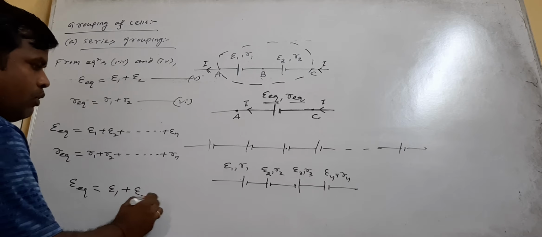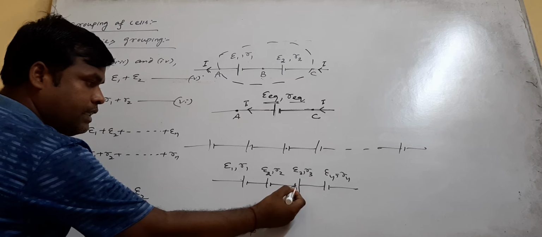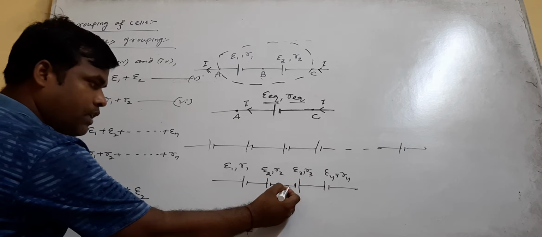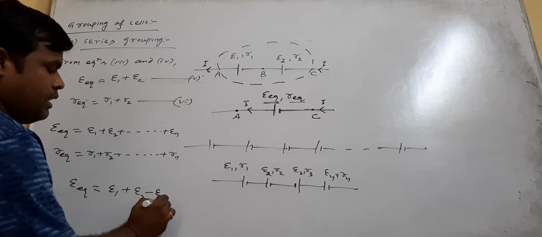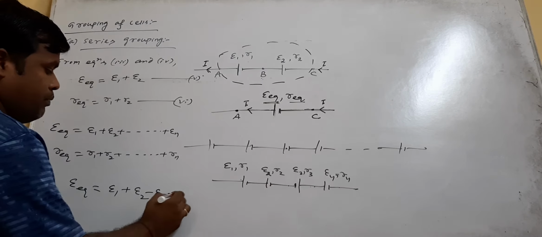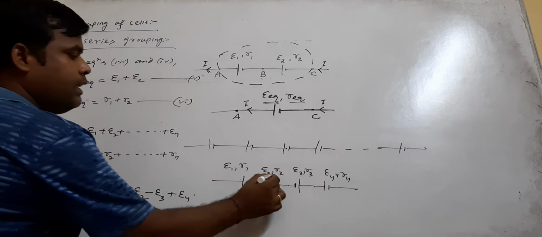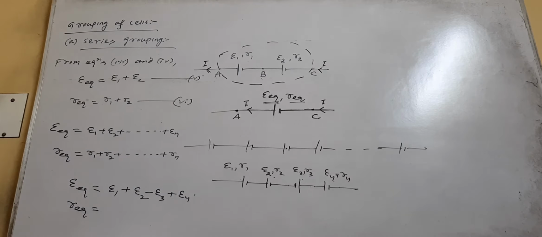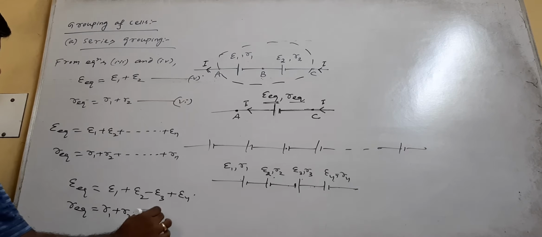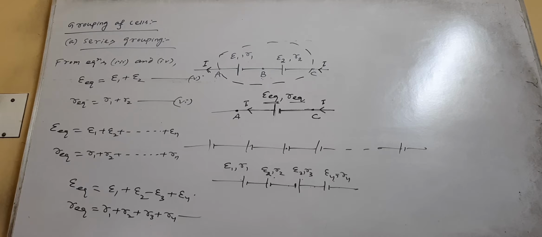Similarly for E2, but you see for E3 it is the negative terminal. So it is not plus E3, it will be minus E3, and it is again plus E4. Similarly, what is the equivalent internal resistance? That is REQ. You see, all the internal resistances are in series, so resistance here you cannot take negative. So R equivalent will be R1 plus R2 plus R3 plus R4. So it is your series grouping of the cells.